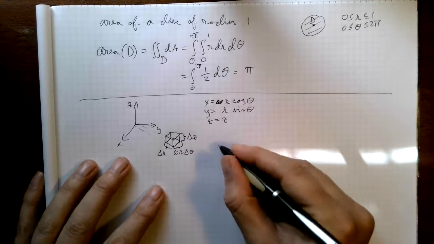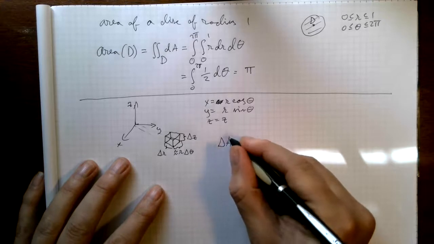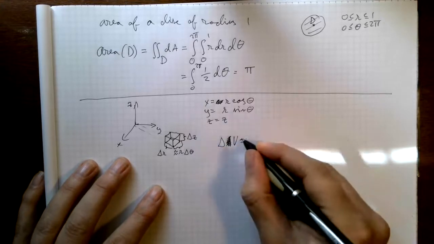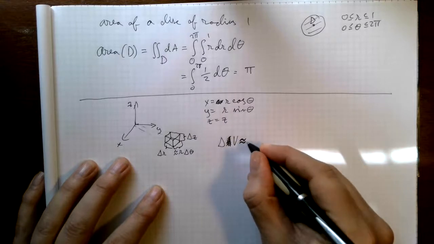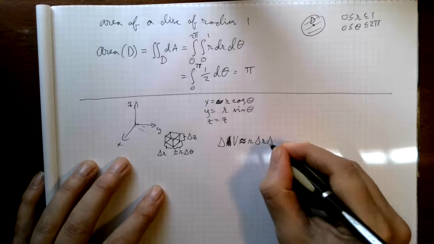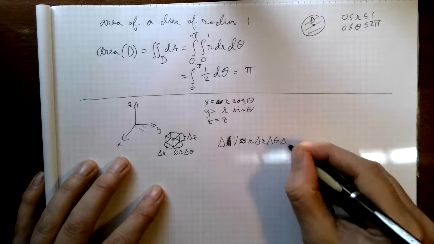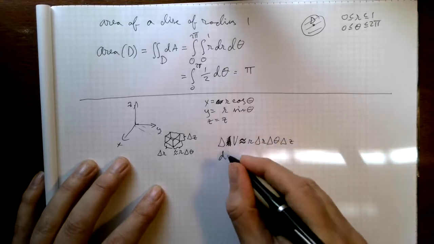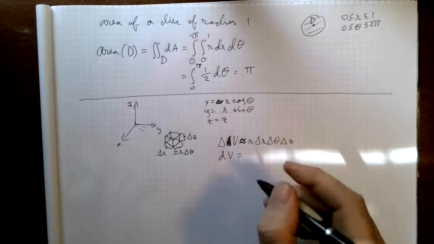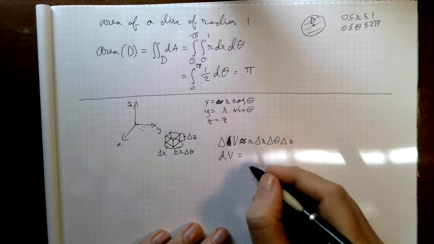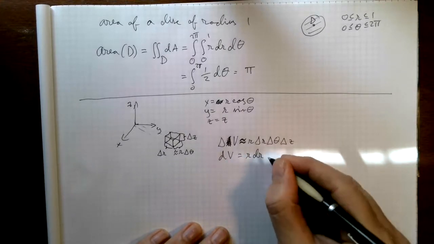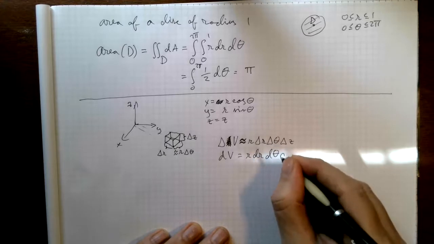So here the delta v, our computing volume, is approximately r delta theta delta z. So our dv, the volume element, is going to be r dr d theta dz.